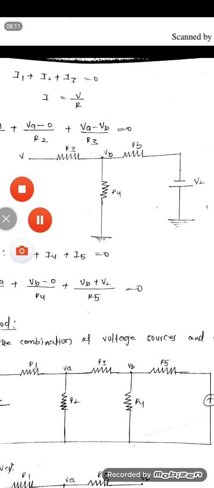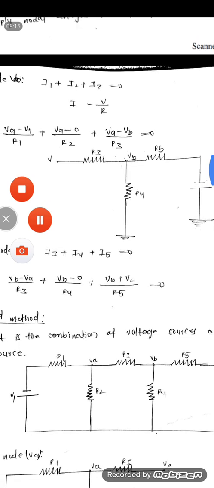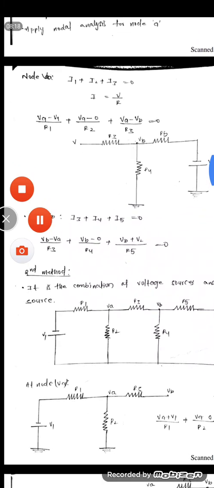Again applying nodal analysis at node B, I3 plus I4 plus I5 is equal to 0, and here also I am taking all the currents as leaving from the node.